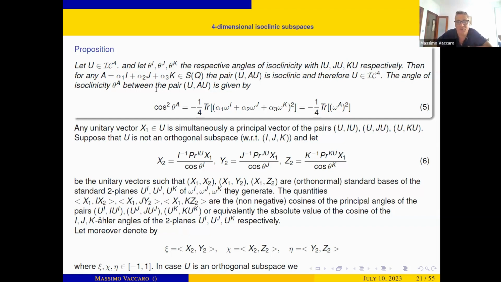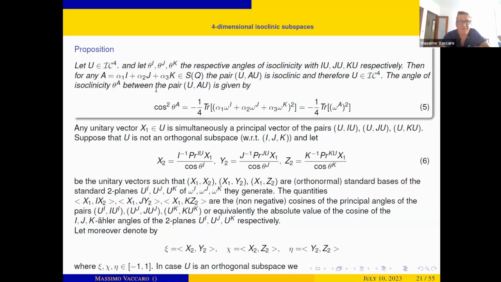It's a skew-symmetric form, of course, a sum of three skew-symmetric forms, and the trace gives you the value divided by 4. You take the square root and then divide by 4, and you find exactly the cosine of the angle of isoclinicity.